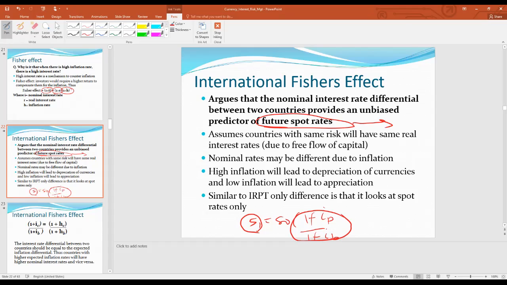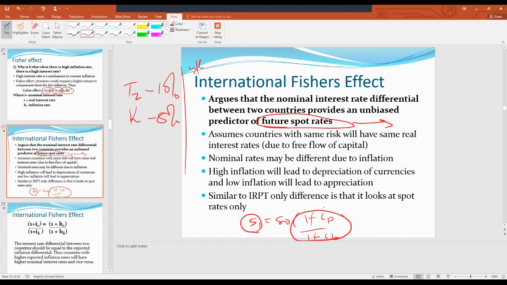That's the two countries. Let's say we have Tanzania and Kenya. Tanzania offers 10%, Kenya 8%. The difference between the two is because there's more inflation. If you look at inflation, for example, in Tanzania it will be 3%, and in Kenya, let's say 1.5%.